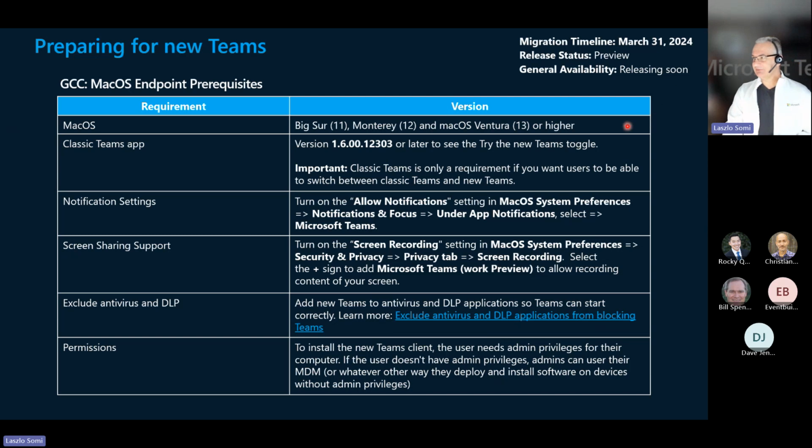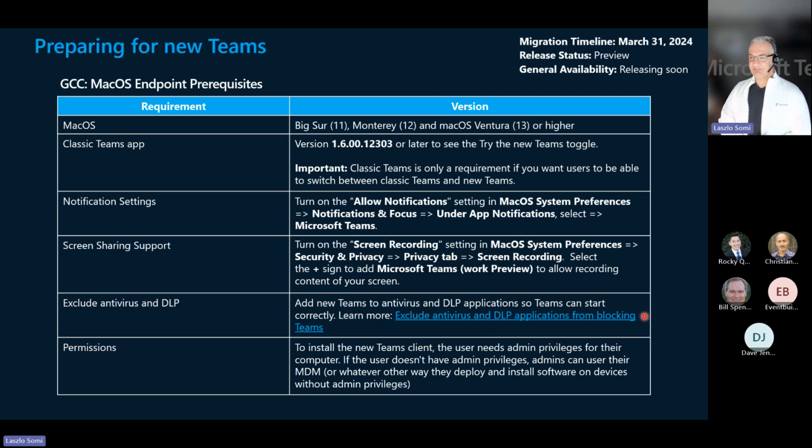So operating system requirements, there is a minimum for that as well. Classic Teams app requirements that will allow you to move back and forth. There are minimum requirements there. Notification settings, just like with the Windows operating system, you need to allow notifications to go through the operating system. There is also an additional setting with screen sharing on the macOS platform you need to pay attention to.